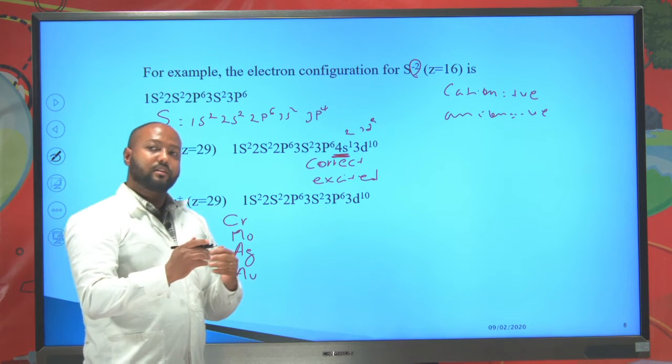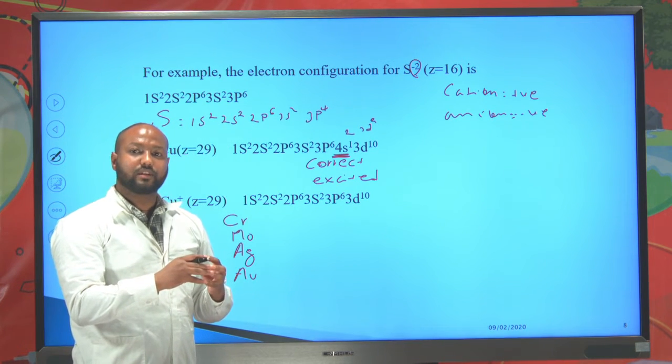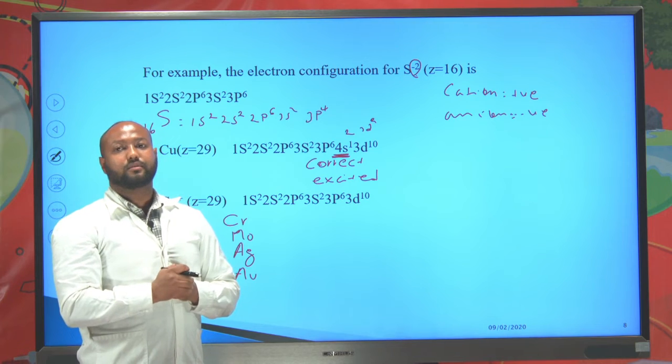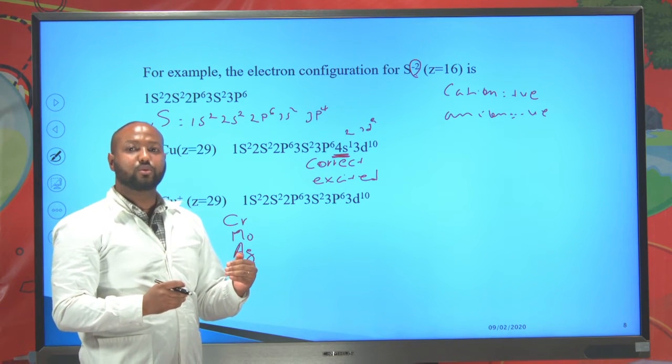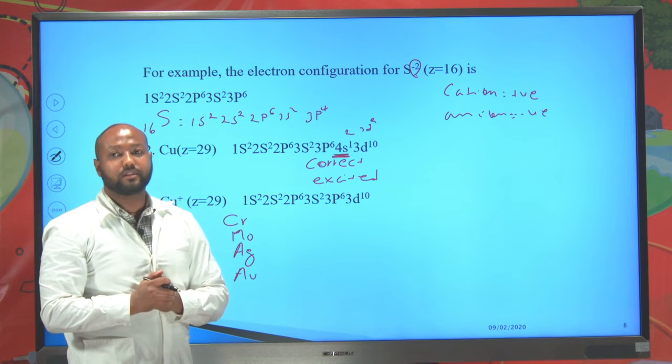From their original electron configuration, electrons are excited from the ground state to the next higher energy level to attain stability.